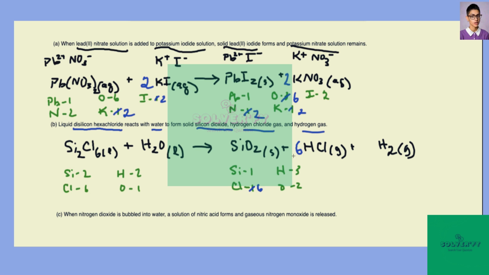to balance the chlorines, which now gives us 6 plus 2 here, or 8. And we balance the silicons by placing a 2 here, which gives us 2, but an additional 4 oxygens.